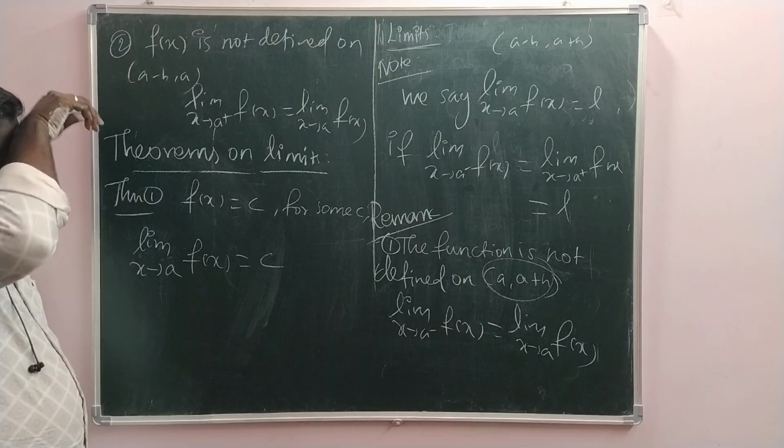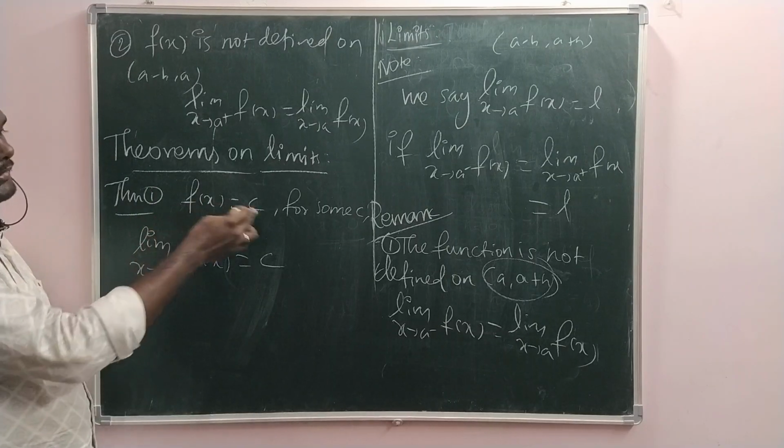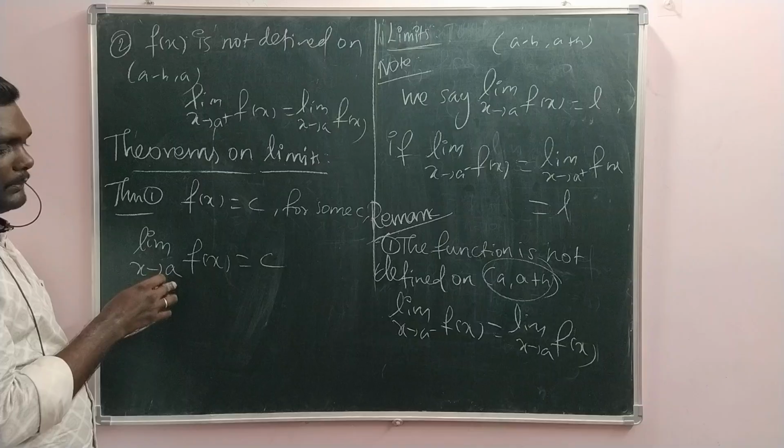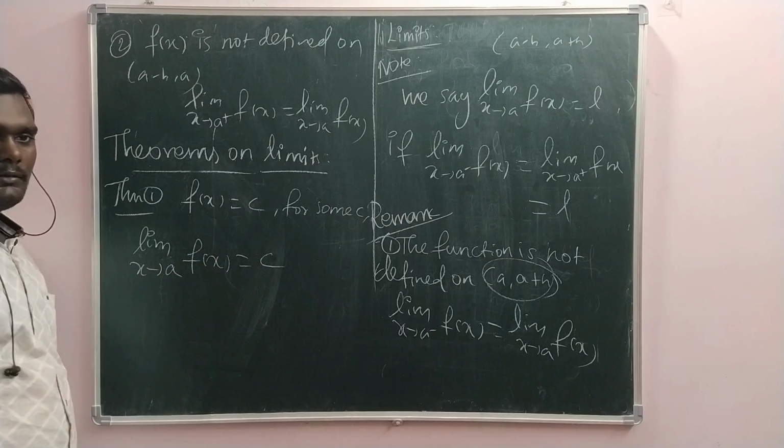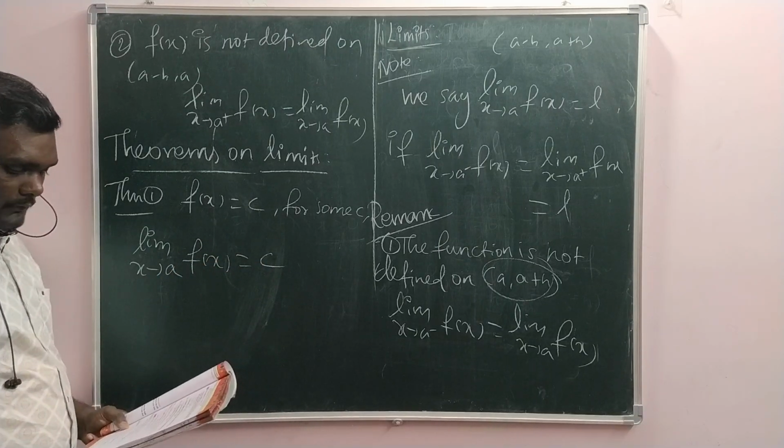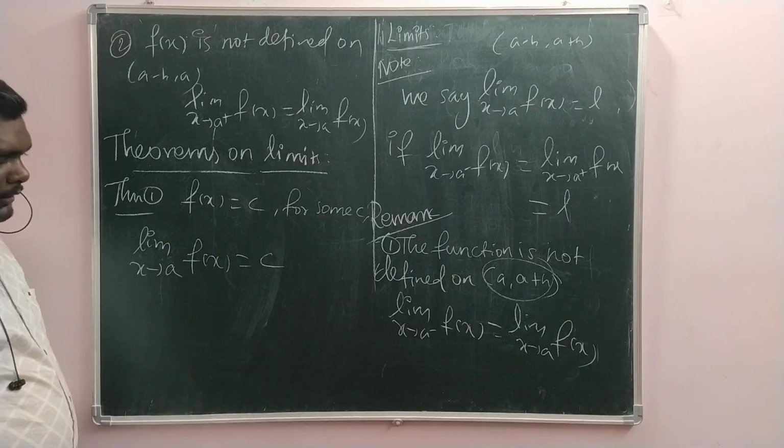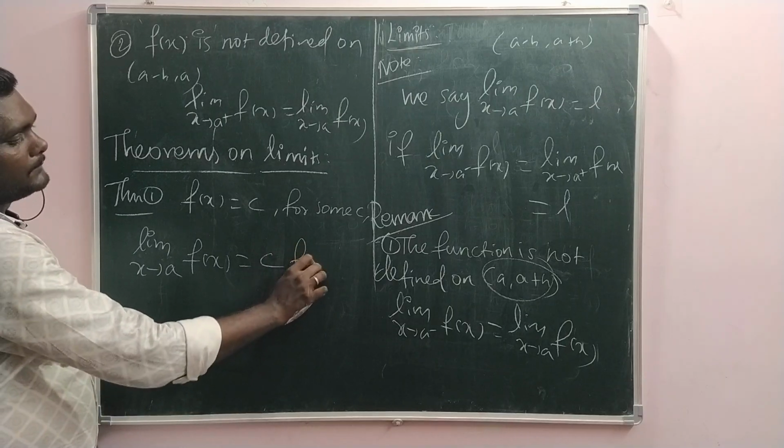Why? Because for all the values it is going to c only. So whatever point you take, it will again go to that particular value only. For any a belongs to R.